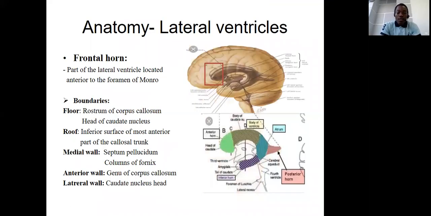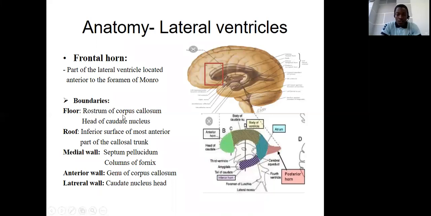Now, within the lateral ventricles, talking about the frontal horn, it is that part of each lateral ventricle that's located anterior to the foramen of Monro. So as we can see here, this part located anterior to the foramen of Monro is the frontal horn. It has boundaries.